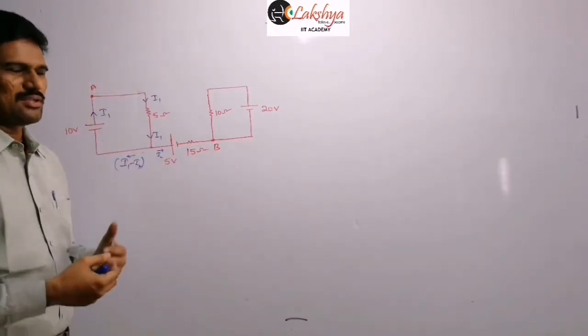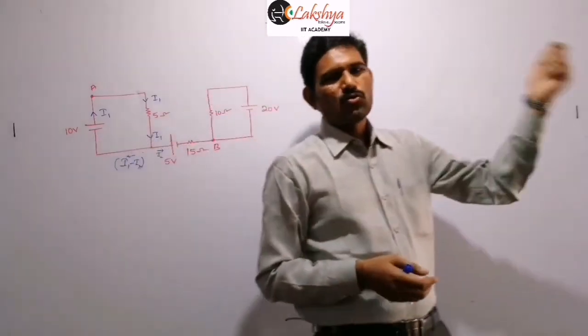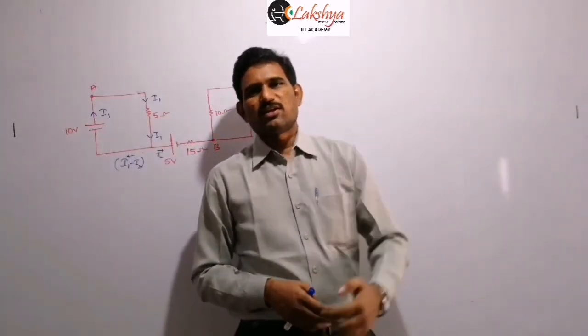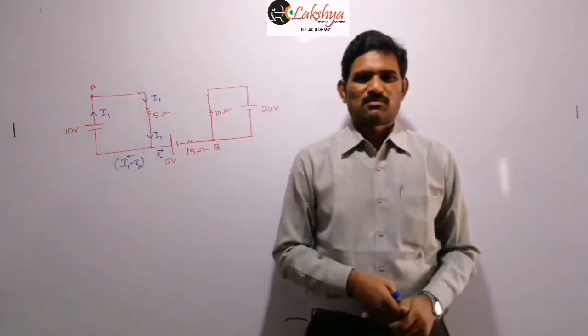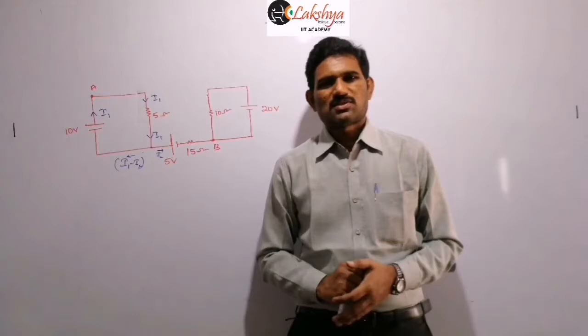The basic point is, when you are taking the current distribution, whatever current comes out of the positive terminal of a cell, the same amount of current should enter the negative terminal of the cell, right? We discussed this already in the beginning when discussing cells.